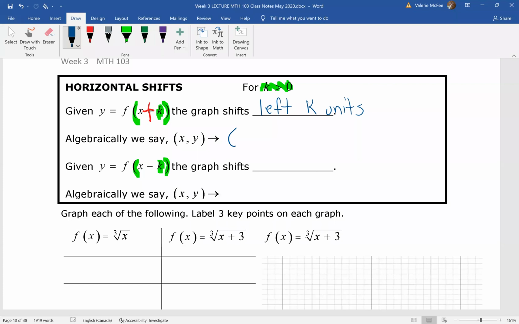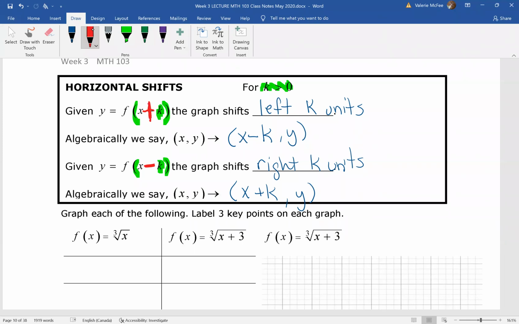We're changing x and we're going to subtract k, and y stays the same. When we have a minus sign here, the graph is going to shift right k units. Again, we're going to change x. We're going to add k, and y stays the same.